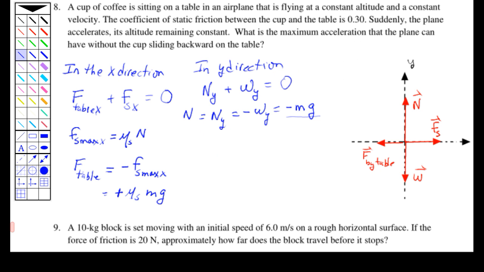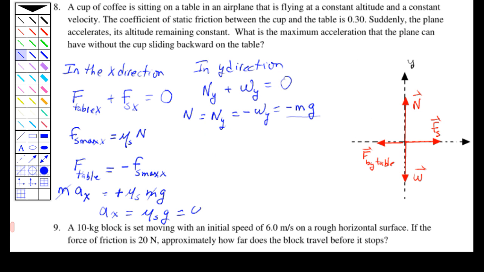Now, force is equal to mass times acceleration, so the force of the table is mass times the acceleration in the x direction. And look at this equation. Our masses cancel, and we have that the acceleration in the x direction is just the coefficient of static friction times the acceleration due to gravity.